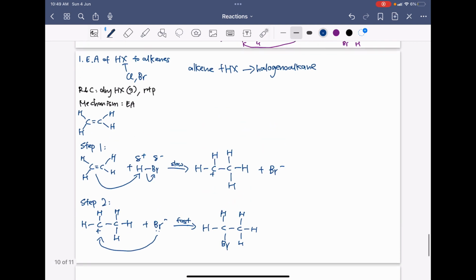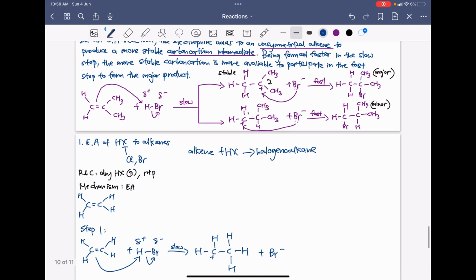And if we were to talk about Markovnikov's rule here again, Markovnikov's rule states that when adding a hydrogen halide, aka HX, to the C=C bond of an unsymmetrical alkene, the major product is the one in which the hydrogen atom of HX attaches itself to the doubly bonded carbon atom already bonded to the greater number of hydrogen atoms.